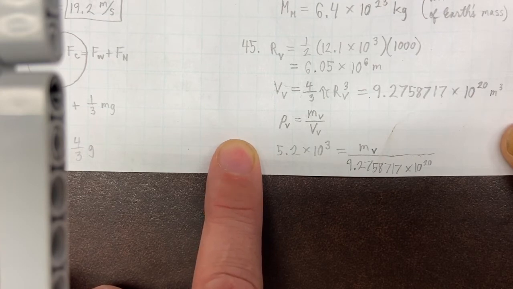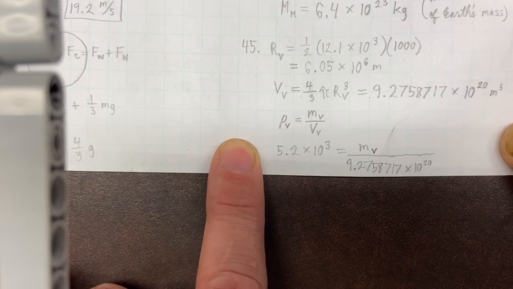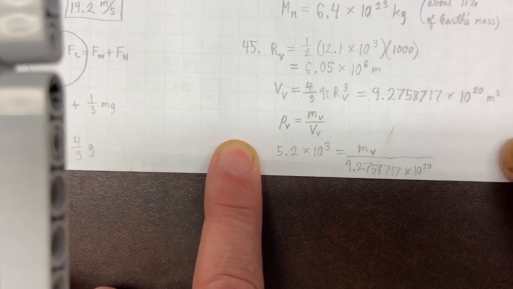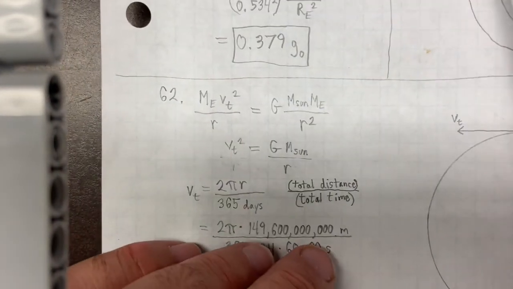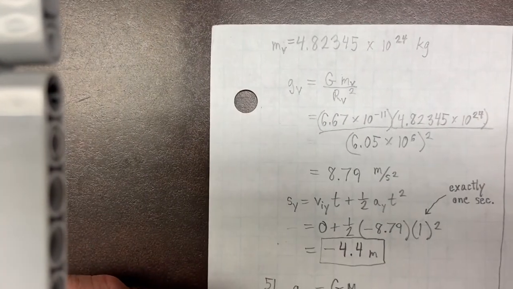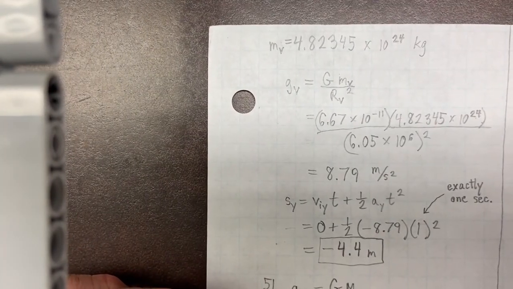We know the volume, and they also give us the density. So now we can just solve for the mass of Venus, and solving for it, we have 4.82345 times 10 to the 24th kilograms.